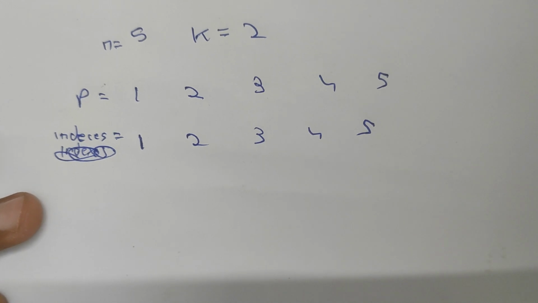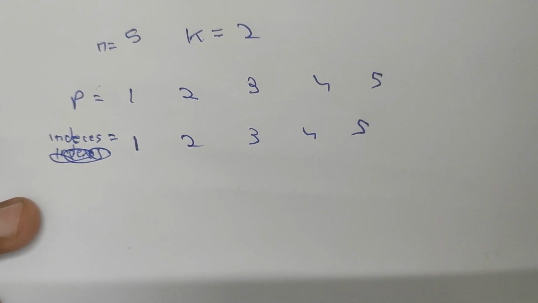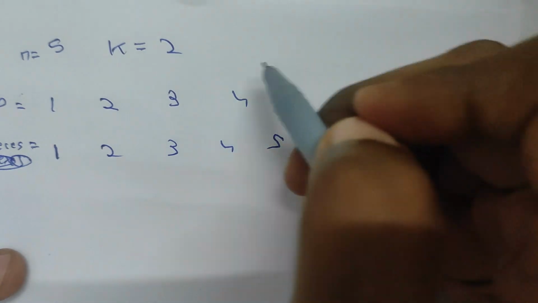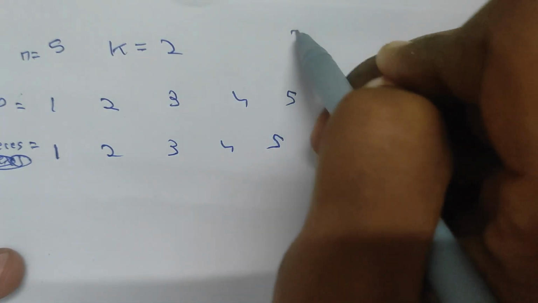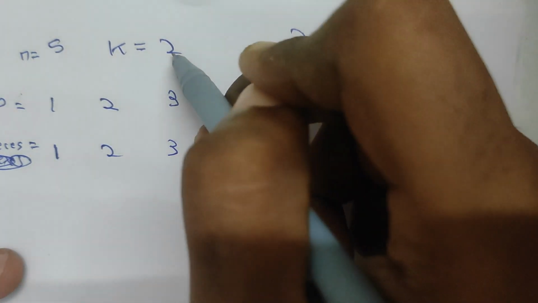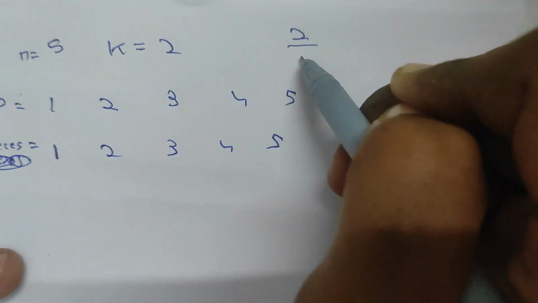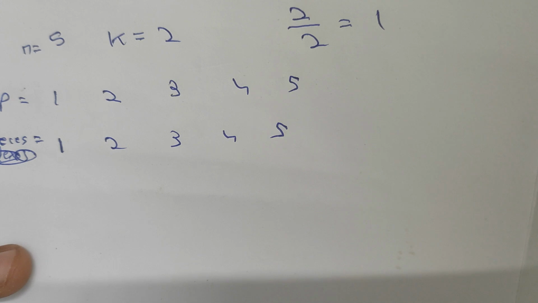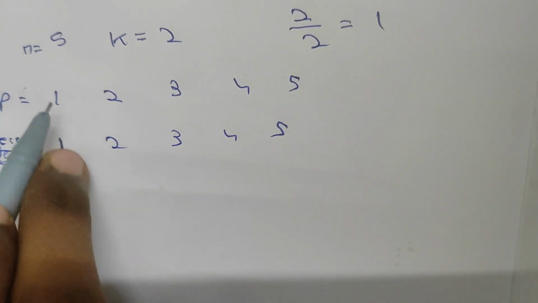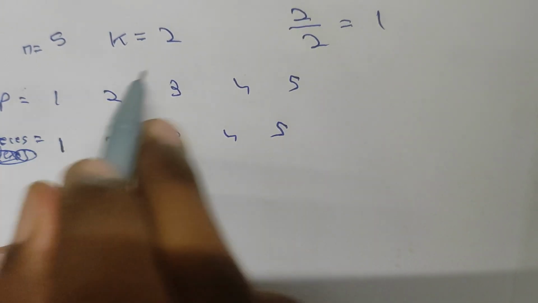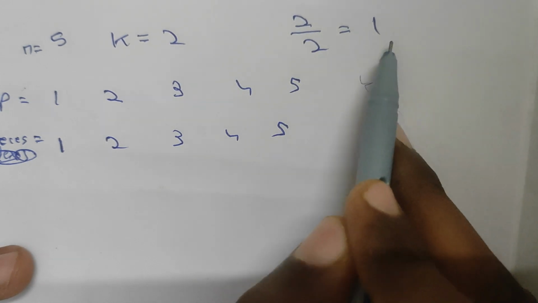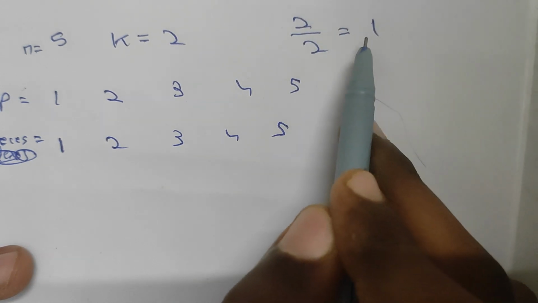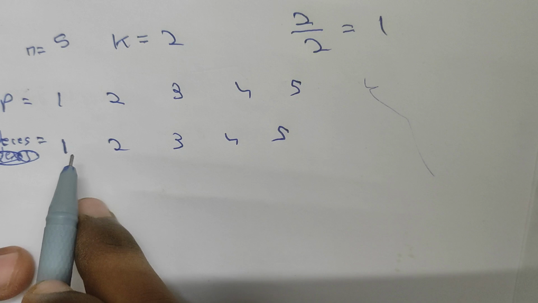So we want the total sum as k is equal to 2. Now I will divide this k by 2, so I will get 1. So I need to swap some value to the first index such that I will get a value closely near to 1. So what value can I swap over here?